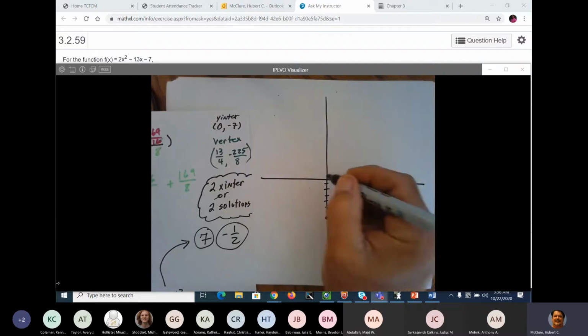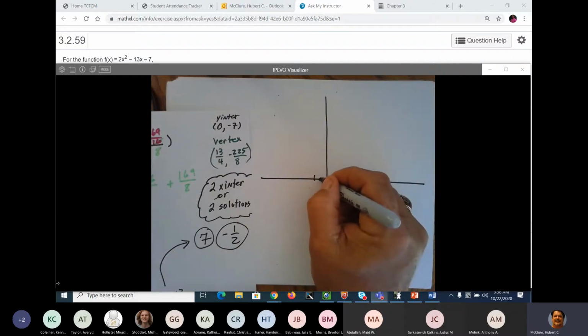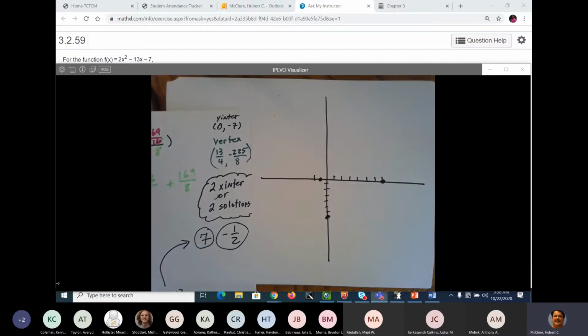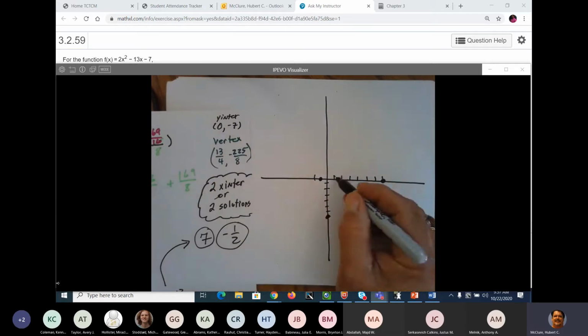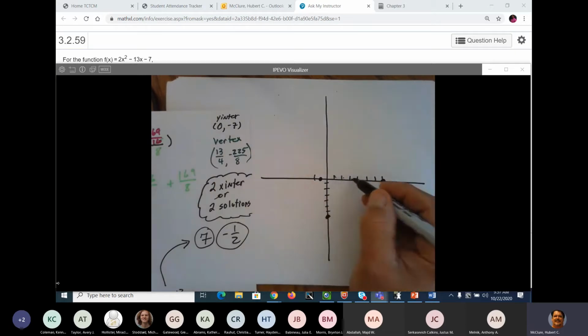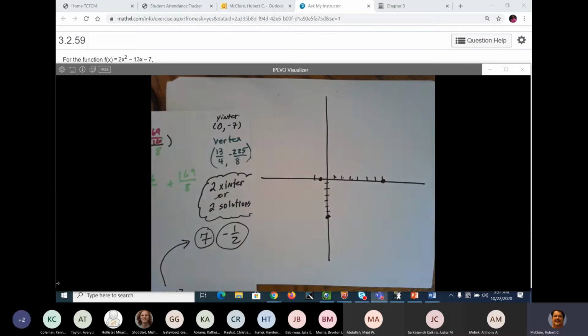And negative 1/2 is right there. 13 over 4: 4 will go into 13 three times, so that's 3 1/4. And then how many times will 8 go into 22? That'd be 2.